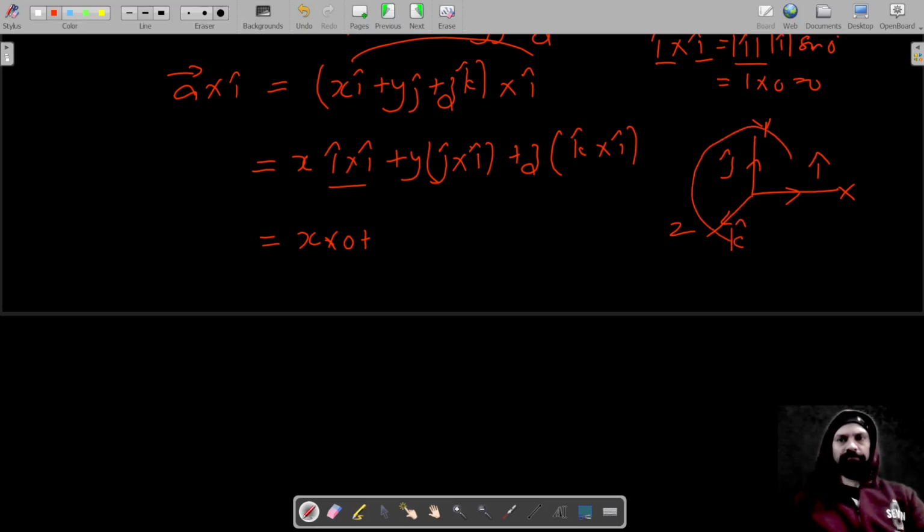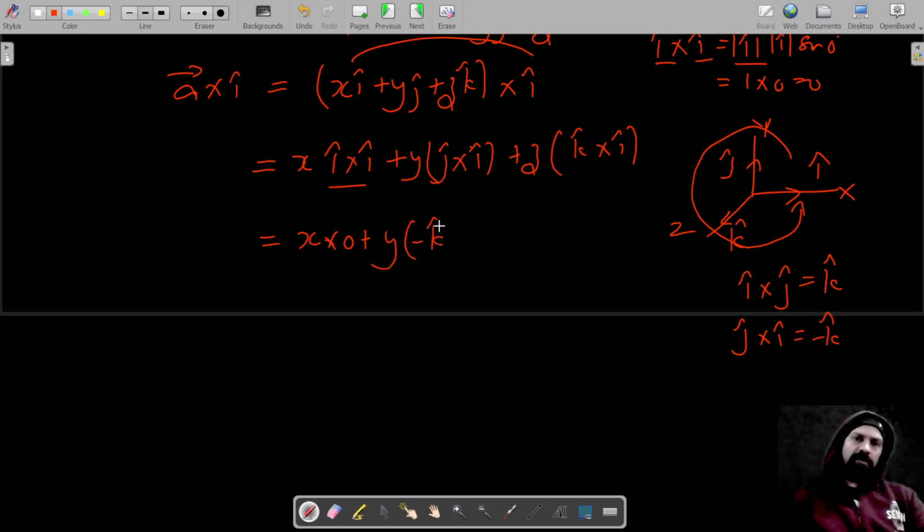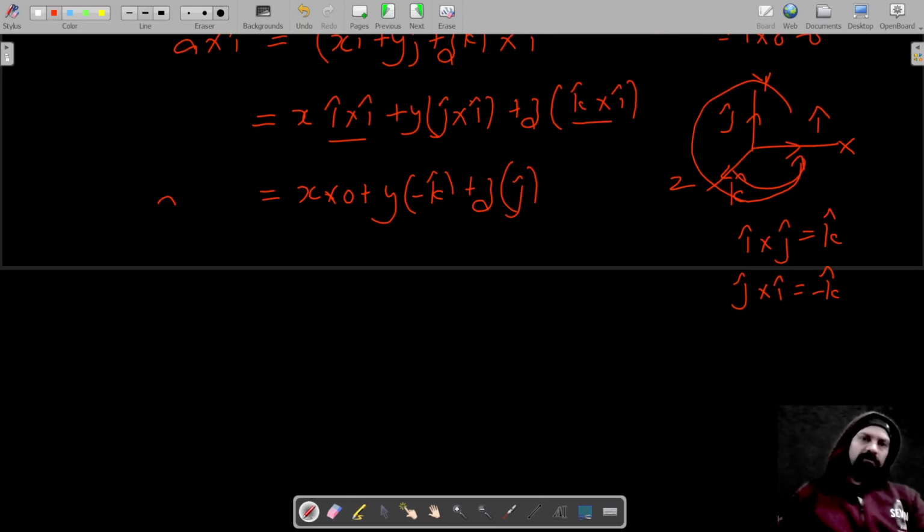If we move anti-clockwise, I cap cross j cap is equal to k cap, but j cap cross I cap is equal to negative k cap. So this is y into negative k cap plus z into, similarly, k cross I cap. So k cross I cap is j cap. So this is our cross product of A with I cap.